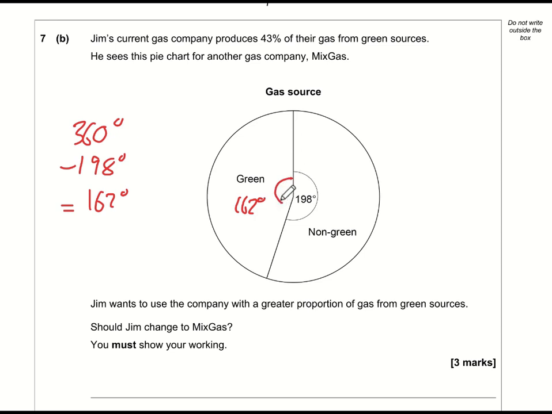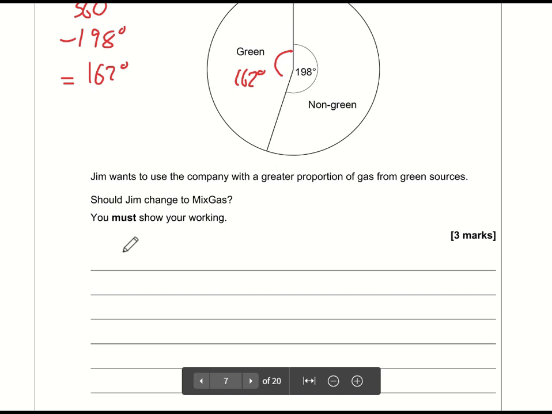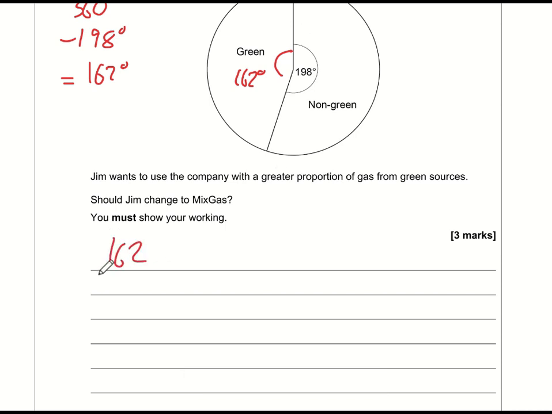So what proportion is 162 degrees of this whole 360 degrees? Well, what is 162 out of 360 as a percentage? Well, that is 162 divided by 360 multiplied by 100, and that comes to 45%.